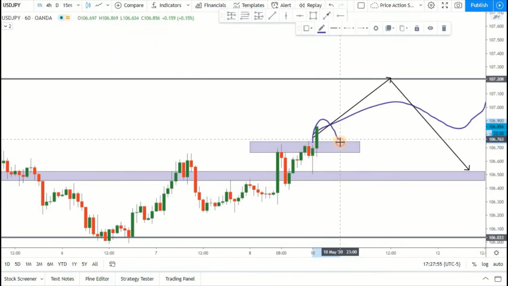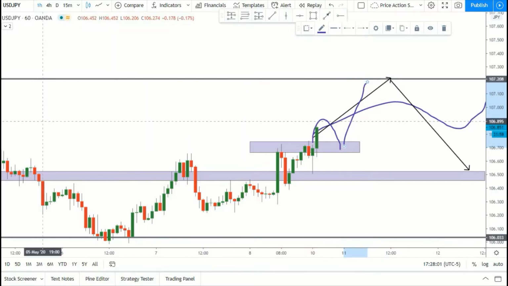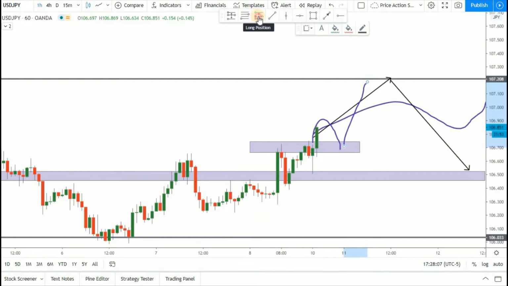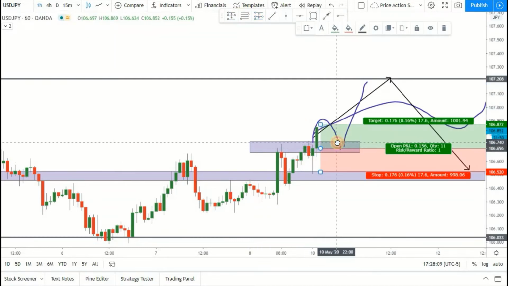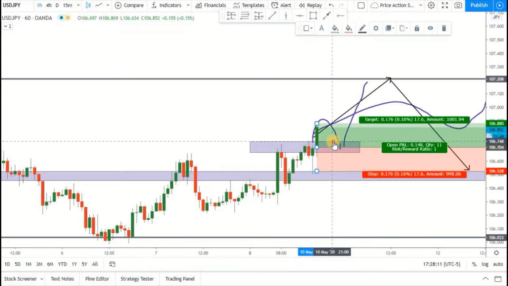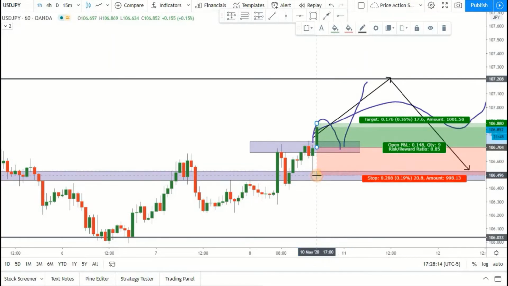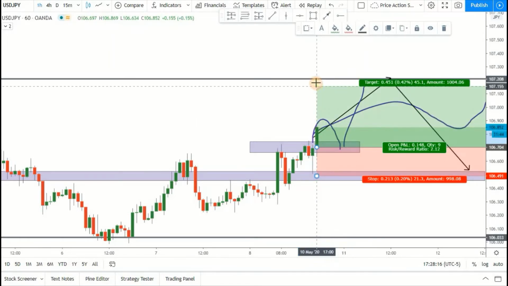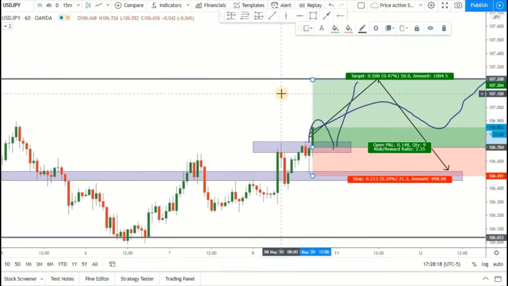If it gives us a retest for right here, you could look for an engulfing pattern to go long. Let's see how many pips that would be. Hopefully it gives us a retest though. Could look for an opportunity like this, of 50 pips.